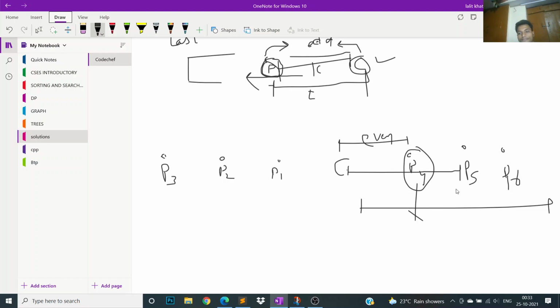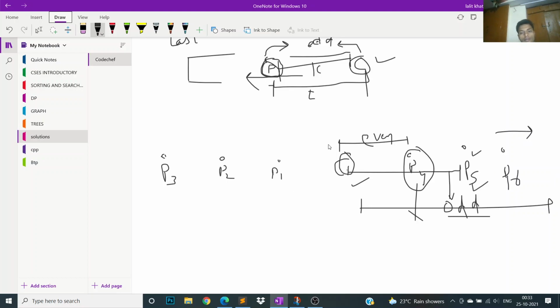So if at any point the distance comes to odd, then that police officer will terminate the chef. So we will not need to move forward onwards.